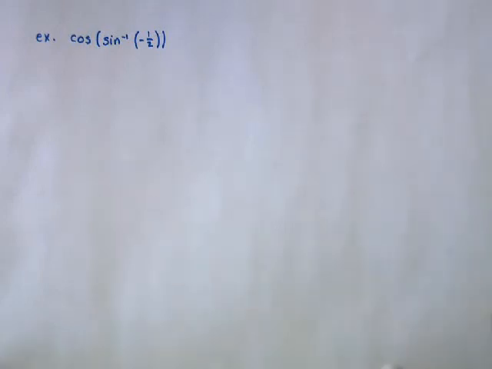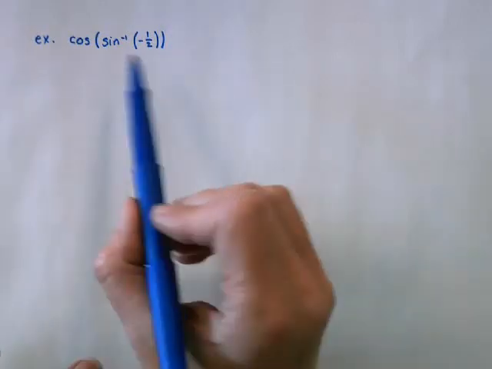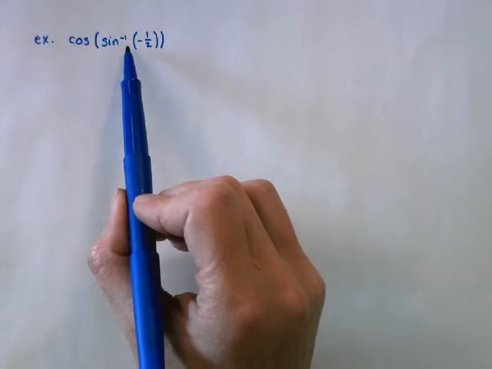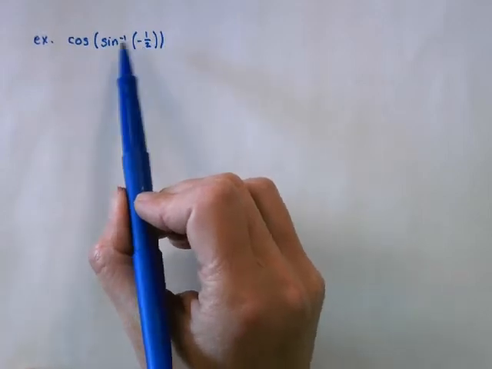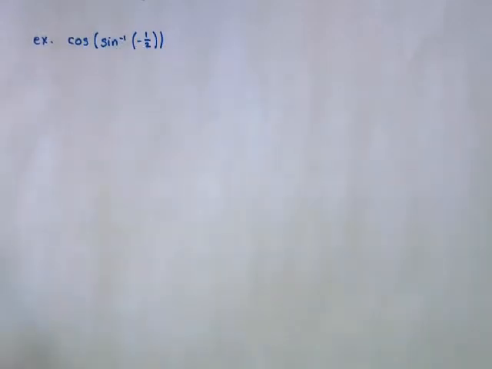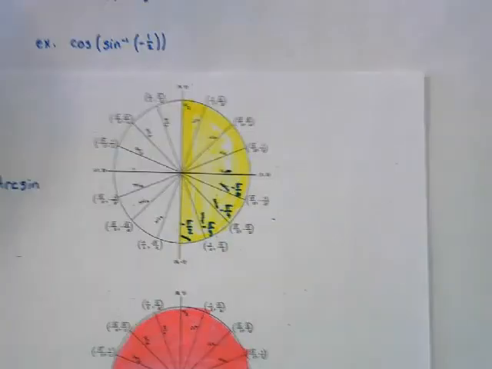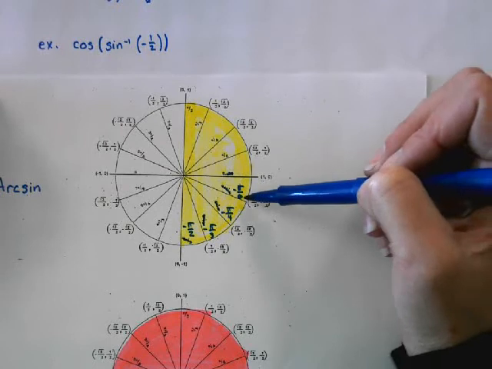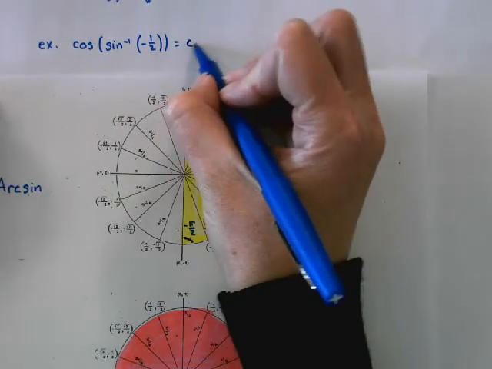Okay, so we have the cosine of the sine inverse of negative 1/2. We're going to work from the inside out. So on the inside, we go to the highlighted unit circle and find where the y value is negative 1/2. That is negative pi over 6.